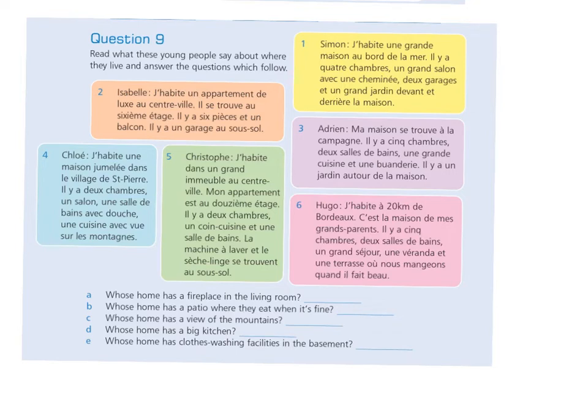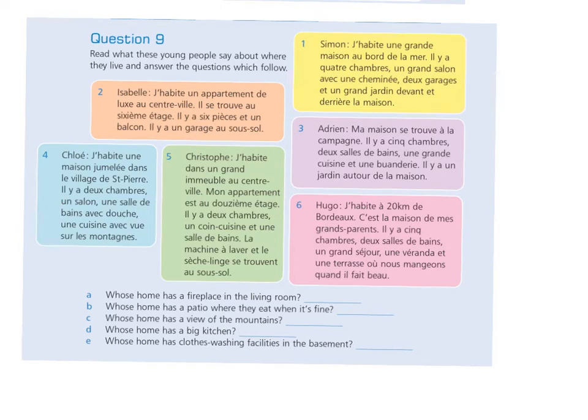3. Adrien. Ma maison se trouve à la campagne. My house is located in the countryside. Il y a 5 chambres. There are 5 bedrooms. 2 salles de bain, 2 bathrooms, une grande cuisine, a big kitchen, et une buanderie, a utility room. Il y a un jardin autour de la maison.